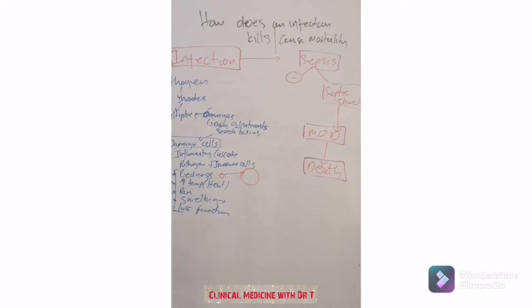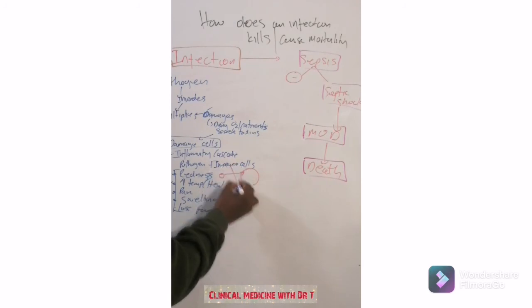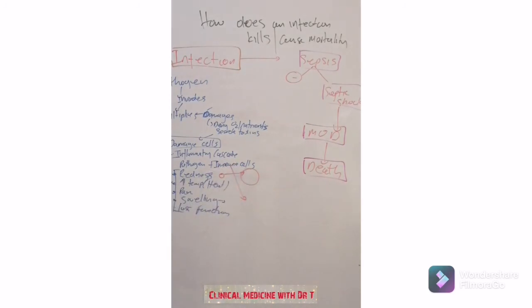So now, as you have this pathogen that has caused this infection, the cells that we spoke about here, the immune cells, in an attempt to fight the infection, say, guys, okay, let's call more people.